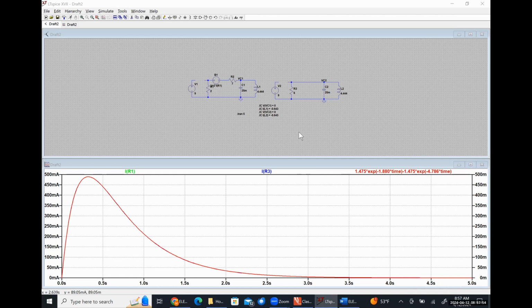So on Monday, we are going to look at systems that are not parallel RLC circuits or series RLC circuits. Unfortunately, not everything is going to fall into one of those two very easy to figure out buckets. So we're going to look at general RLC circuits in the next class meeting.